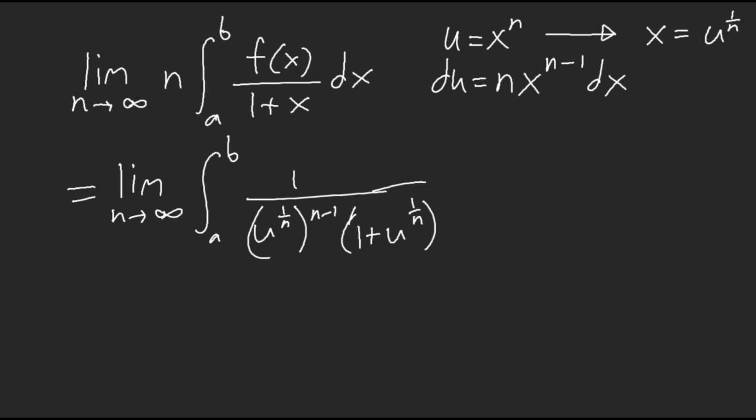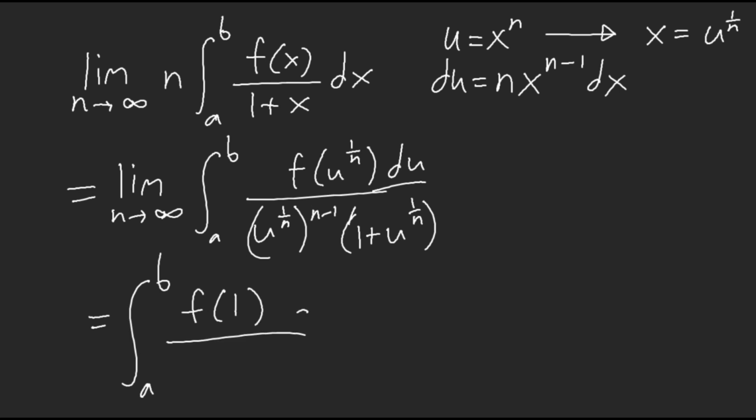And then f of u to the power of 1 over n du, and the n gets cancelled out. So this is what we have left, and when we plug in our limit, u to the power of 1 over n equals 1, so we get f of 1 du.